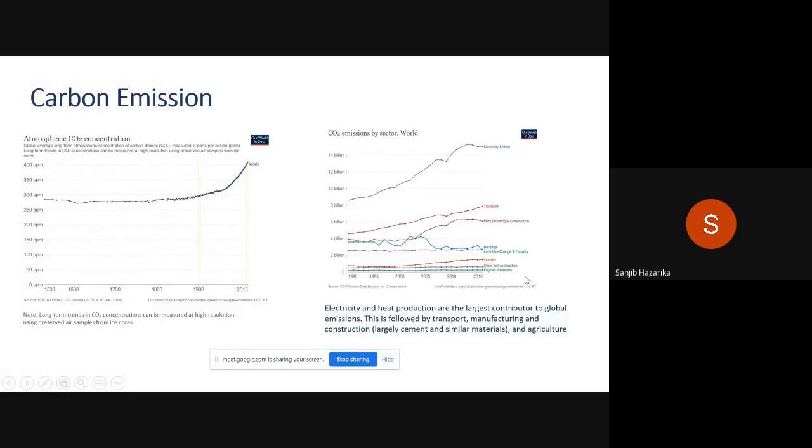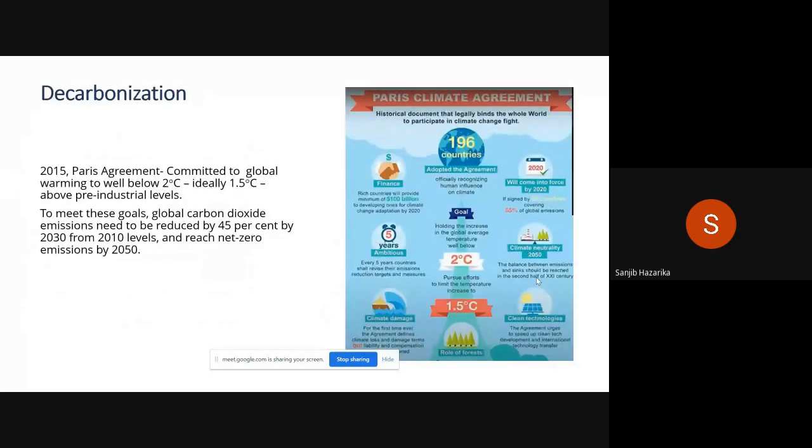So we can move forward. Here comes decarbonization. In the last 10 to 15, 20 years, this decarbonization requirement is picking up.